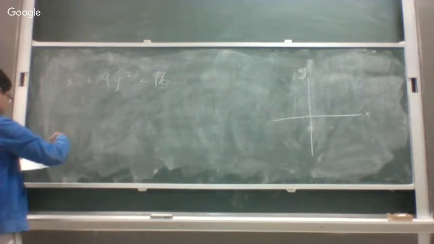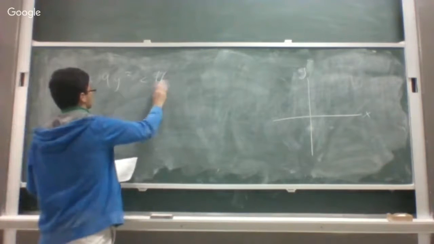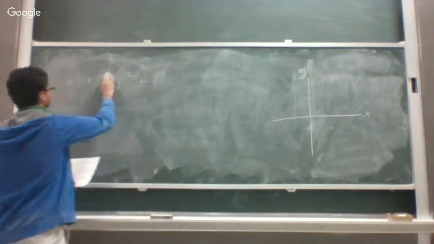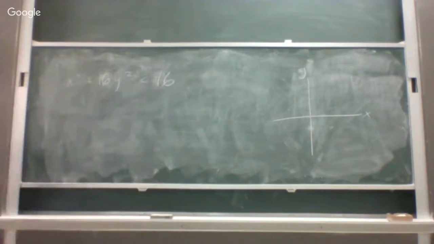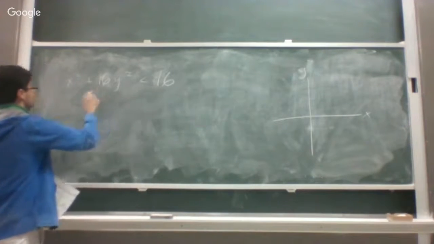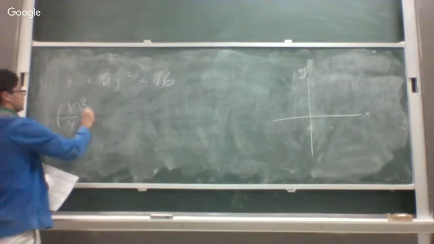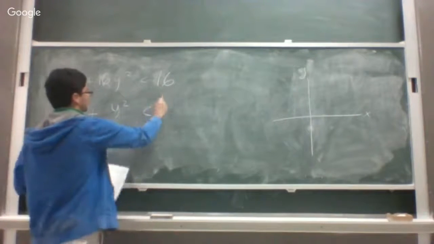Actually, I'm going to make this a 9, just to go easy on us. Or we'll make this a 16. Okay? Just to make it easier for us. So then if we are trying to make this a 1, we get x over 4 quantity squared plus y squared less than 1.